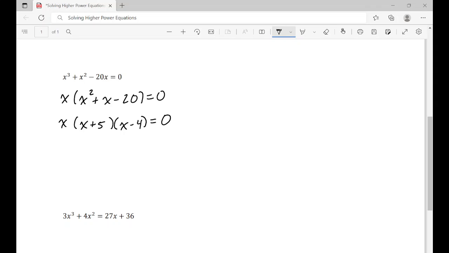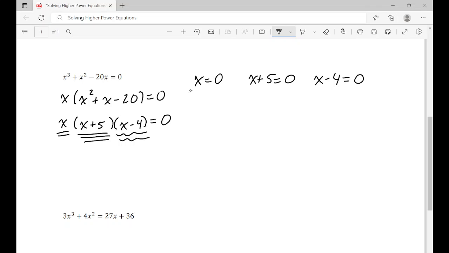And just like before, I'm going to set each one individually equal to 0. So first off, set x equal to 0. x plus 5 equal to 0. And then x minus 4 equal to 0. And solve.